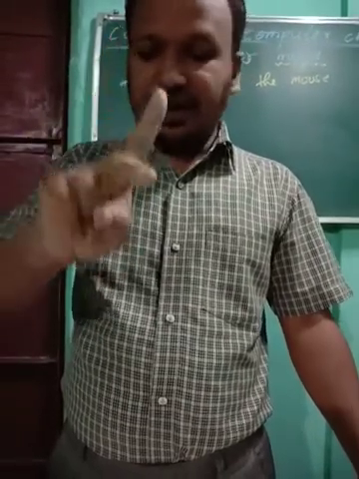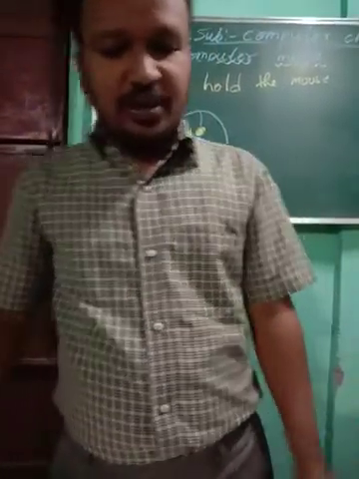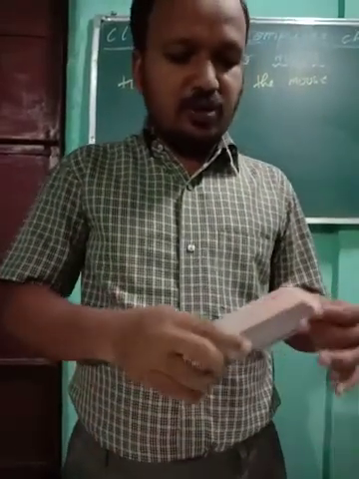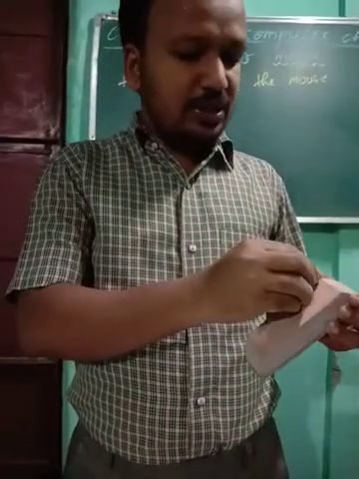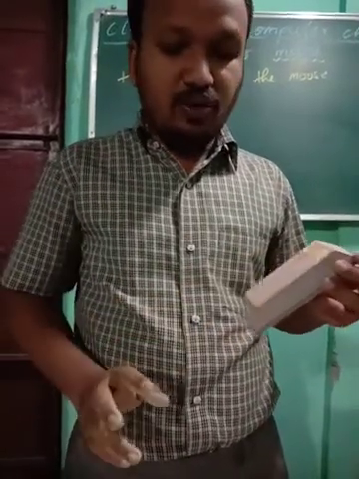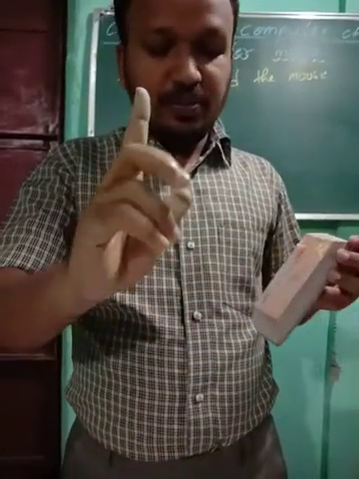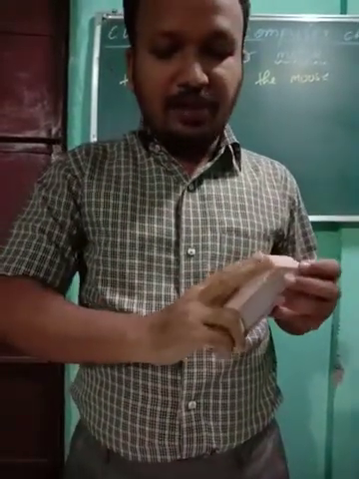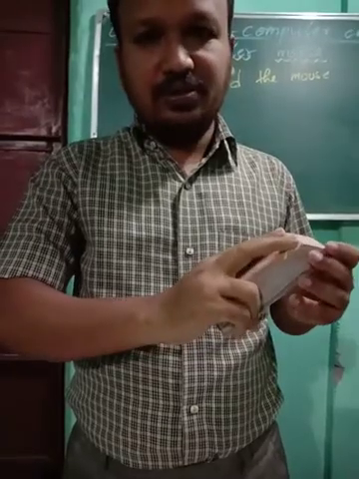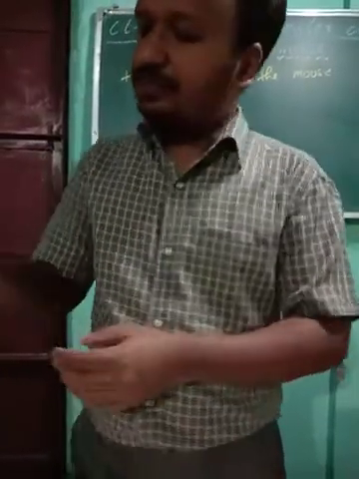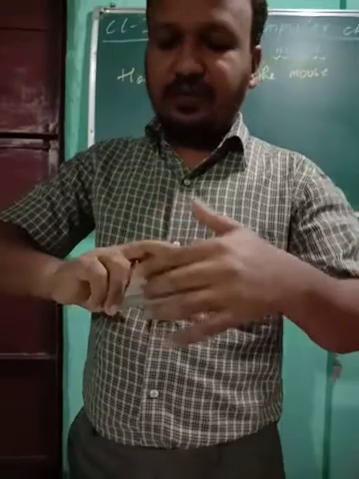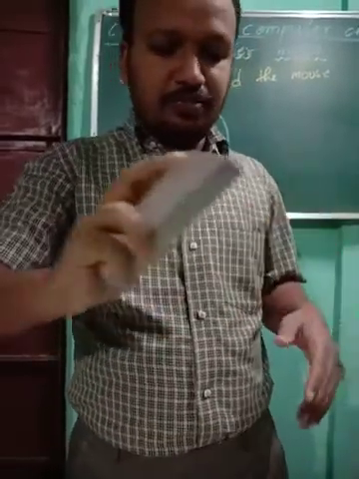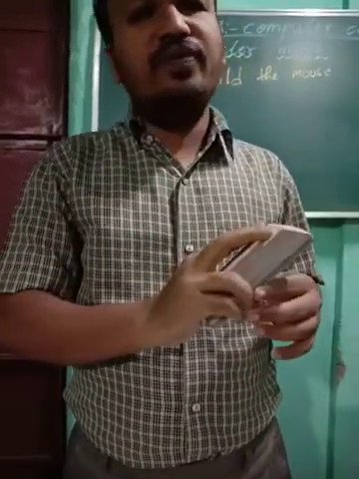Suppose this is your left click and this is your right click. With the index finger you will put your finger on the left, and your middle finger on the right button. These two buttons, and for the rest, your thumb and the other fingers, you should hold the mouse very firmly. Firmly means very lightly, not very hardly.